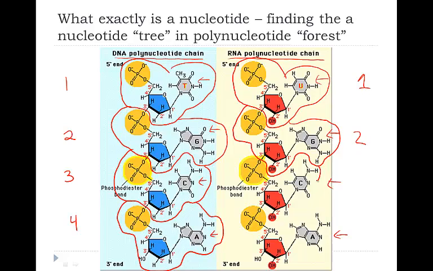Then the third one, this is cytosine nitrogenous base, the 5-carbon sugar, and the phosphate group. That's the third nucleotide. And finally, the adenine nitrogenous base, the 5-carbon sugar, and the phosphate group. That is the fourth nucleotide in the polynucleotide chain of RNA, or the RNA nucleic acid.